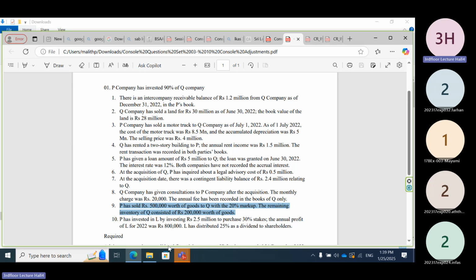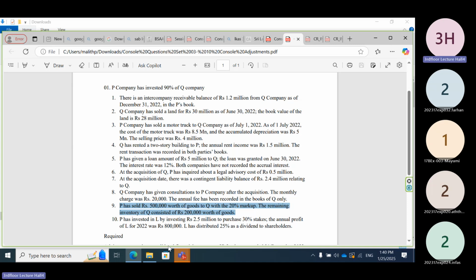You know that this inventory is overstated. Why? This was purchased for this part. They have added a 16% margin, but we are keeping that as inventory. But as one entity, this amount is overstated by 32,000. On the inventory side, profit also is overstated by 32,000. So this unrealized profit should be eliminated.